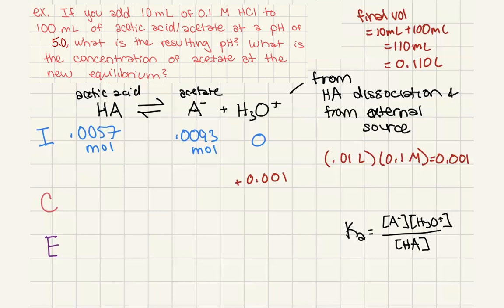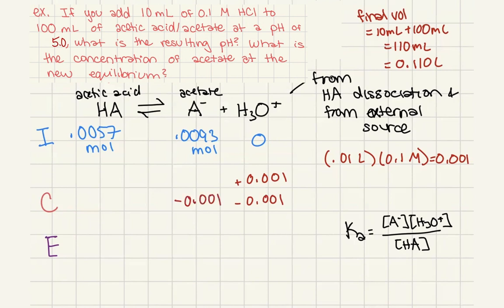In this case, we're adding 0.001 moles worth of our H3O plus. This can then react with our acetate. In this case, the acetate has a higher concentration, and we have more moles of the acetate. So this H3O plus is all going to react, and we're going to subtract 0.001 from each of these.